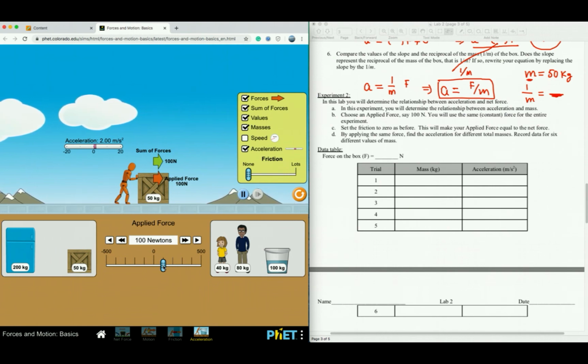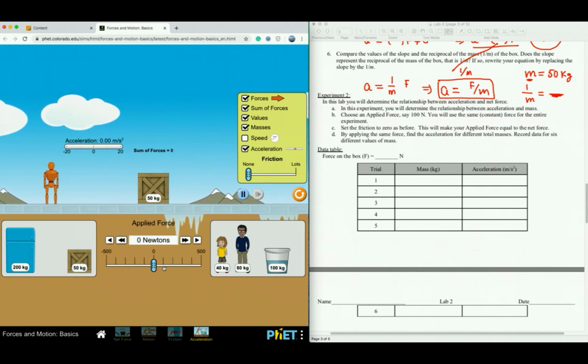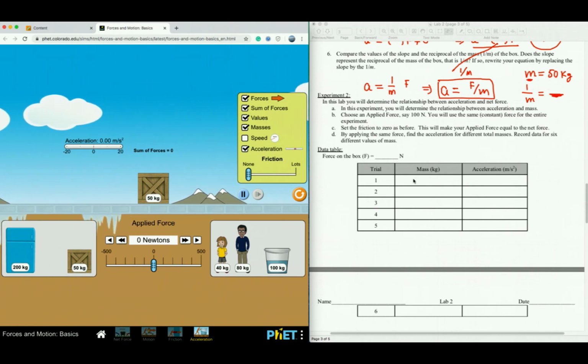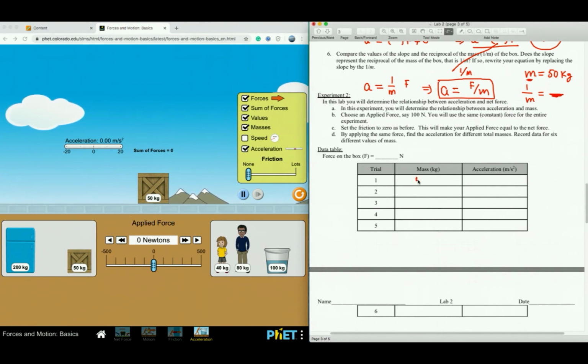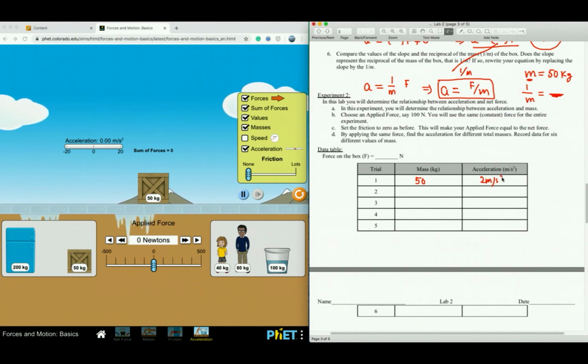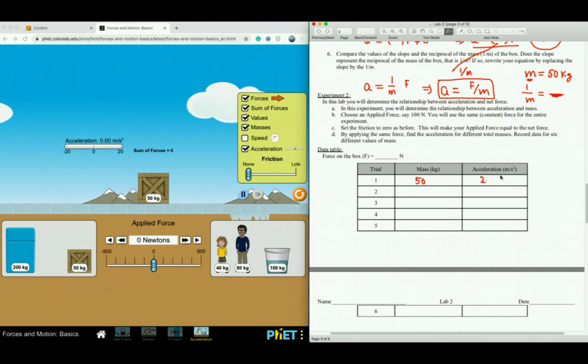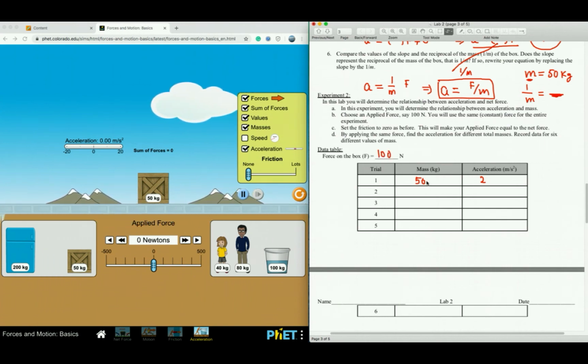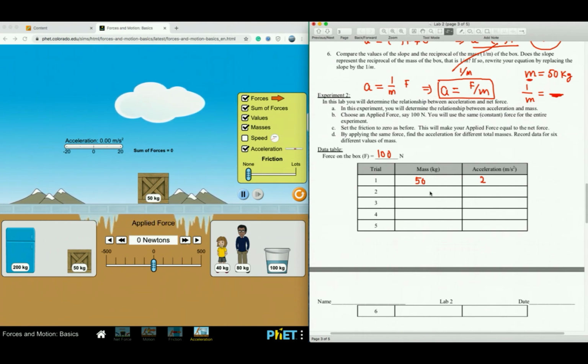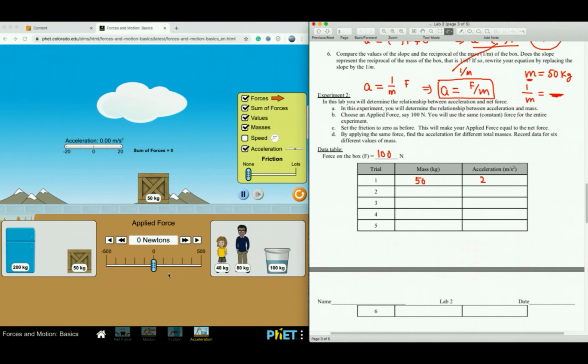So the acceleration is 2 meters per second squared. So for 50 kilograms, acceleration is 2 meters per second squared. Okay, we don't need to write the unit because the unit is already written on the top here. So we applied 100 newton force. For a 50 kilogram box, you produce 2 meters per second squared acceleration. Now apply the same force, but this time you increase the mass.